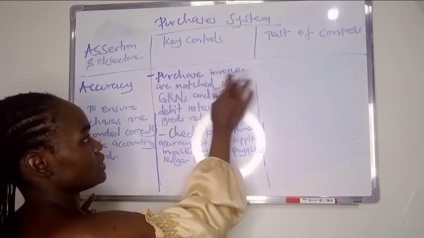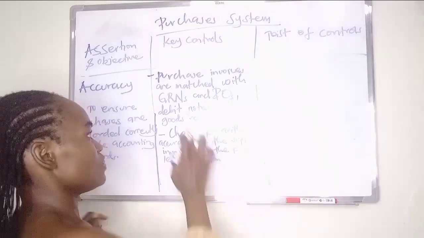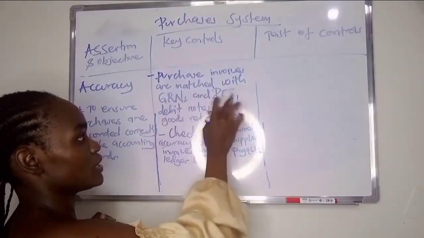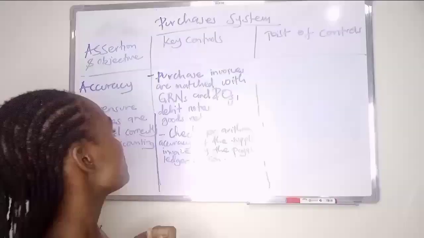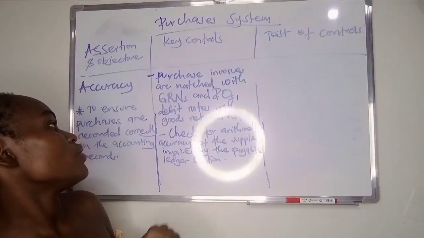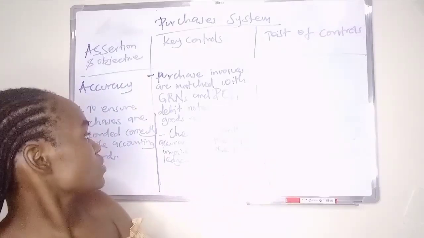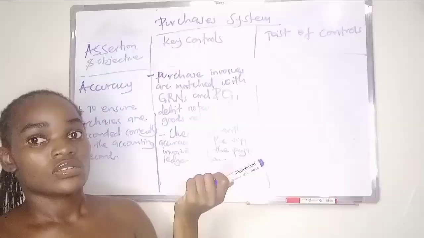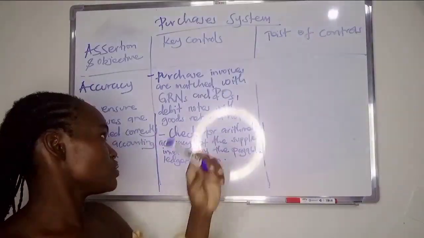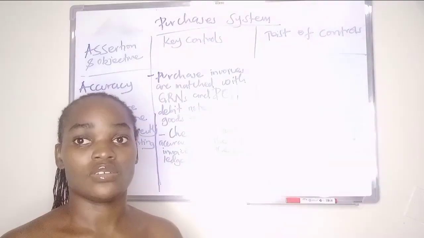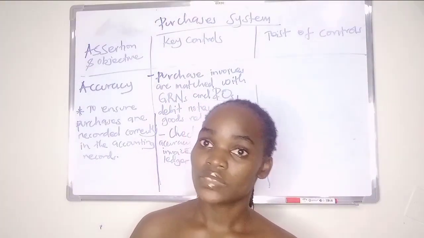Select a sample of purchase invoices and then check if they are supporting goods received notes and purchase orders. And then select a sample of debit notes and see if they are supporting goods return notes. Or select a sample of goods return notes to see if they are supporting debit notes. Yes, so those are the tests of controls.